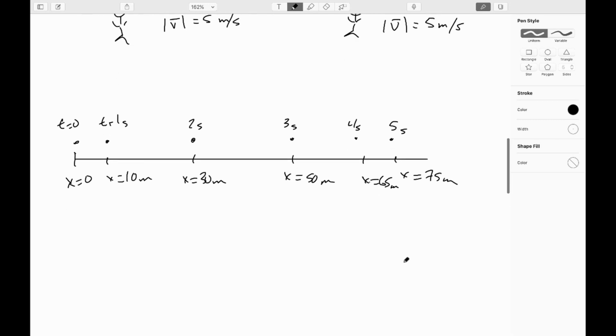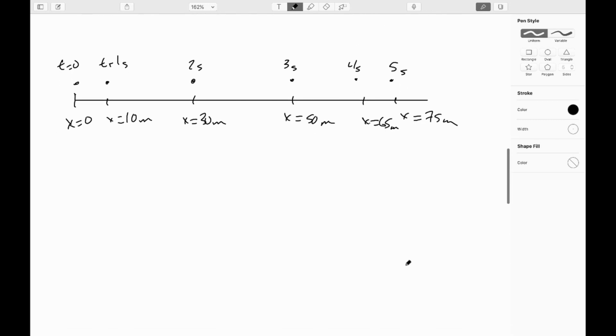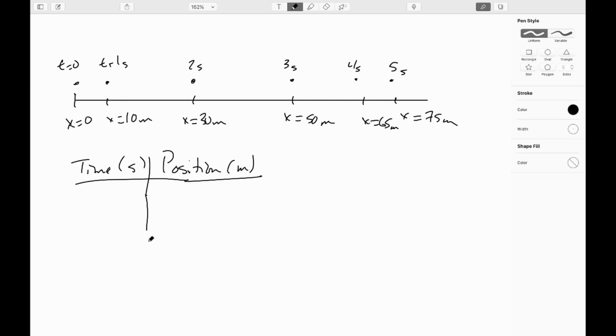Another absolutely equivalent way to represent the motion would be to make a table of it. So I could make a table, time in seconds, against position in meters. And here I don't need to write down the units because I've already written the units down here. Putting the units in parentheses is already telling us what the units are.